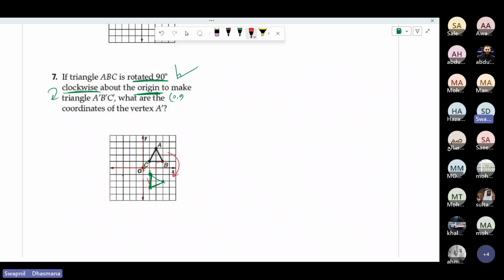After that, it will be somewhere here. After that, somewhere here. So you can see 90, 90, 90, 90. Which one do I need? I need only 90 degrees, one time, only this. This is my answer.